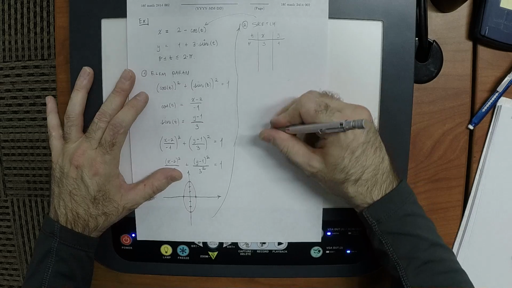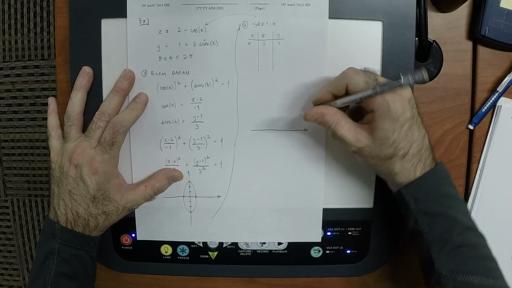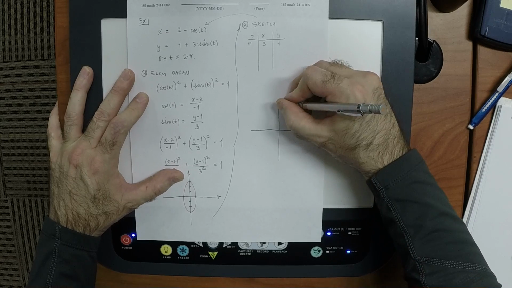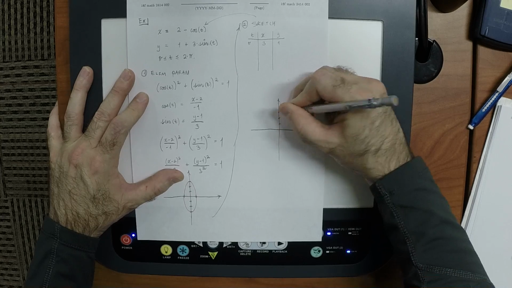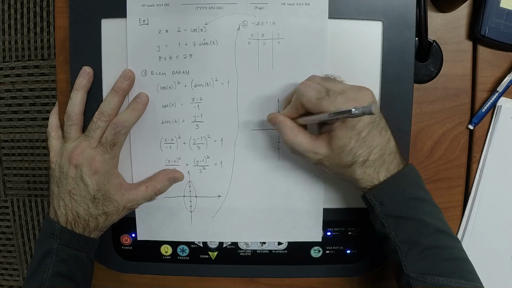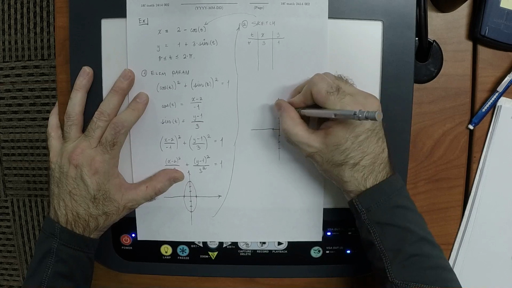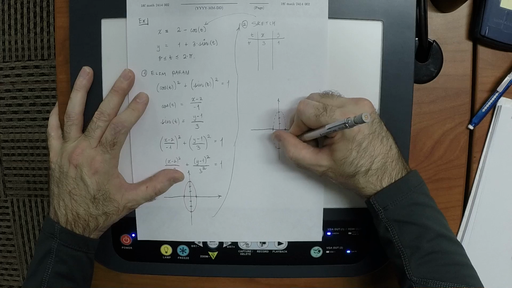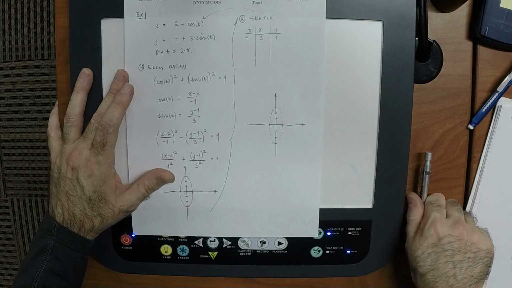So that means that according to the eliminate the parameter consideration, concerning the parametric system, any points that we draw have to fall on that ellipse. They can't be anywhere else except there.